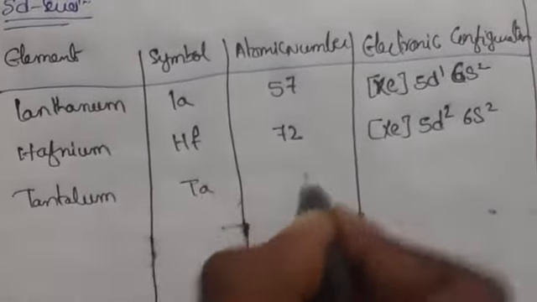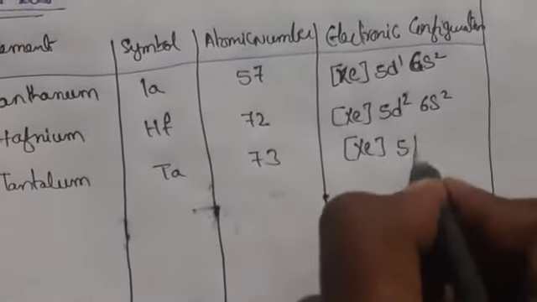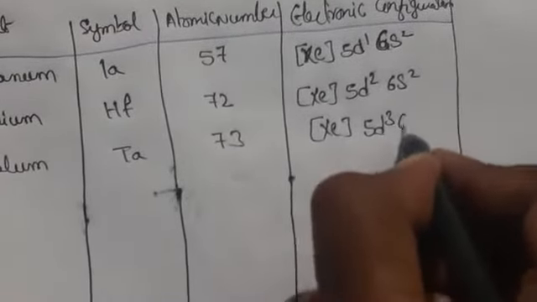Symbol is Ta 73. It is having xenon 5d3 6s2.